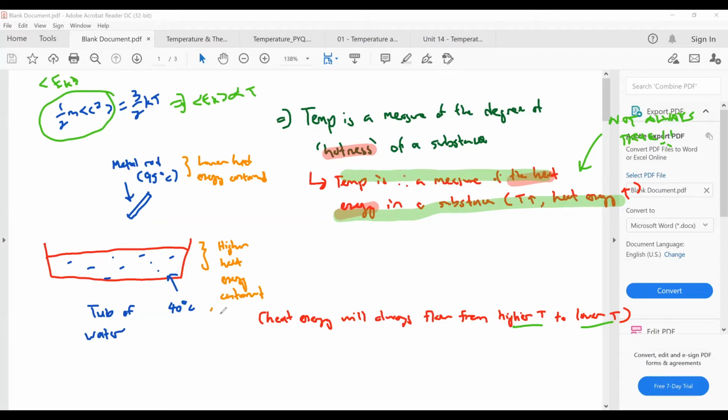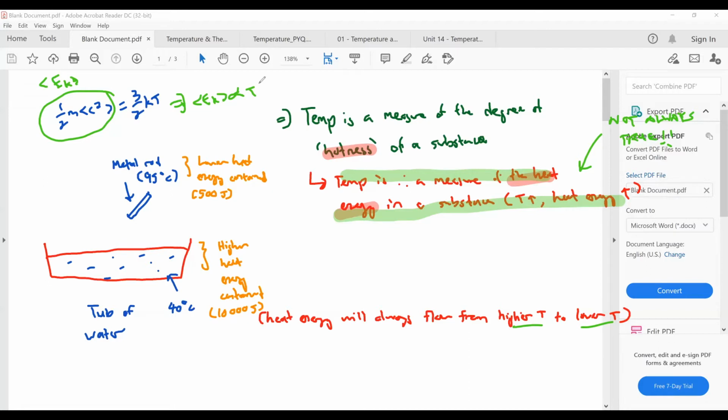It could be that the water contains 10,000 joules of heat energy, and the rod, being a very small volume containing a very small number of molecules, probably only contains a much smaller amount of heat energy. Maybe the rod only has 500 joules. So now you see there's a difference in their temperature, and there's also a difference in the amount of heat energy contained.